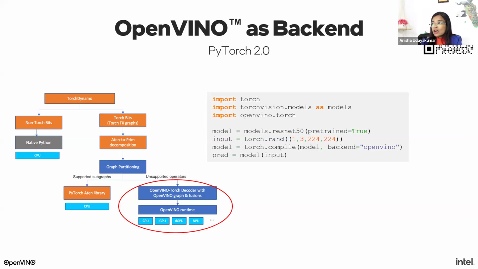So this support for PyTorch 2.0 is a game changer for those of you who are working with PyTorch native applications, especially when integrating with OpenVINO. So imagine a world where your PyTorch code runs not just efficiently, but at lightning speed. And that's exactly what torch.compile offers.